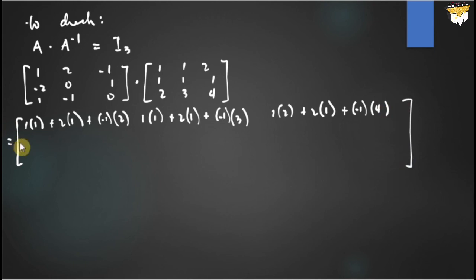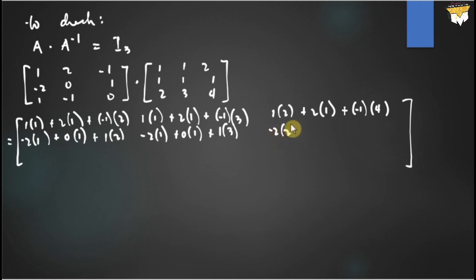Then, next, we have negative 2 times 1 plus 0 times 1 plus 1 times 2. Then, negative 2 times 1 plus 0 times 1 plus 1 times 3, then negative 2 times 2 plus 0 times 1 plus 1 times 4.